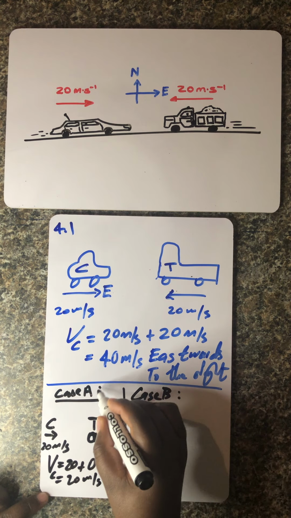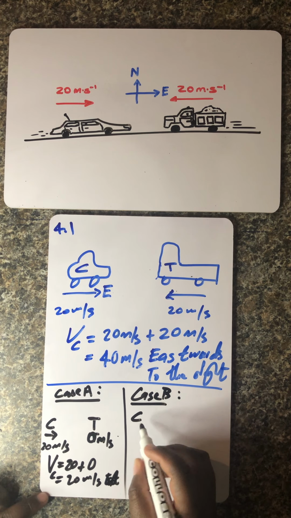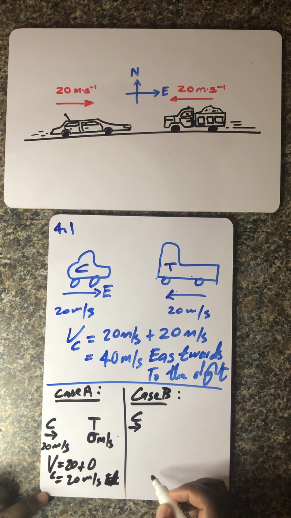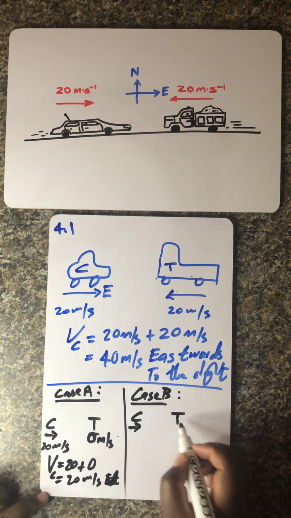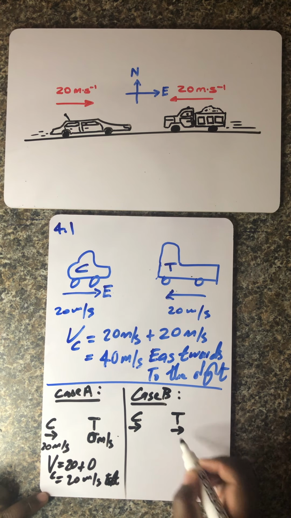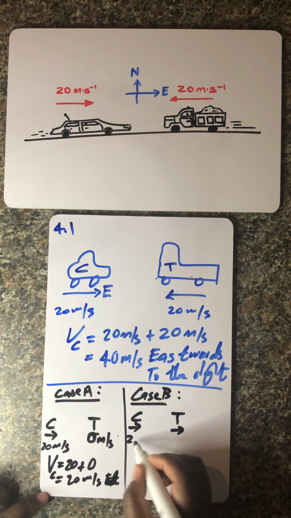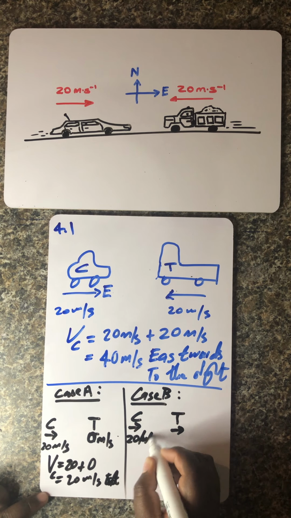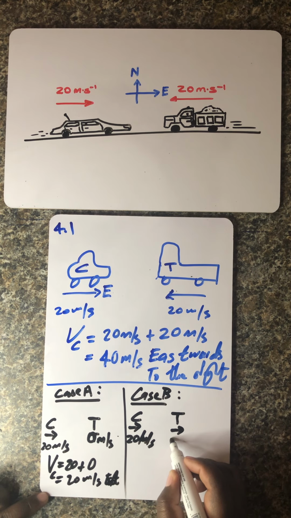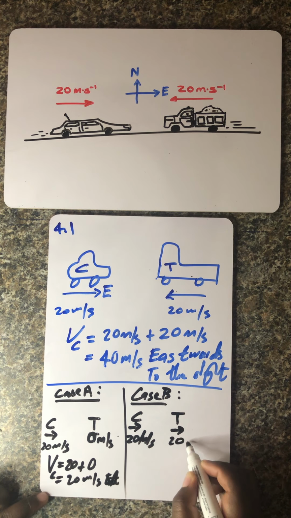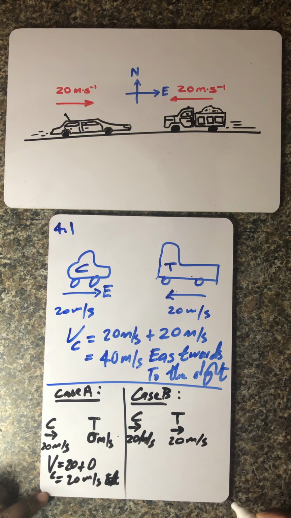Let's maybe have a look at case B. Ladies and gentlemen, let's say a car was traveling in that direction, and then the truck was also traveling in the same direction, and this was traveling at 20 meters per second. Let's also say it was traveling at 20 meters per second.